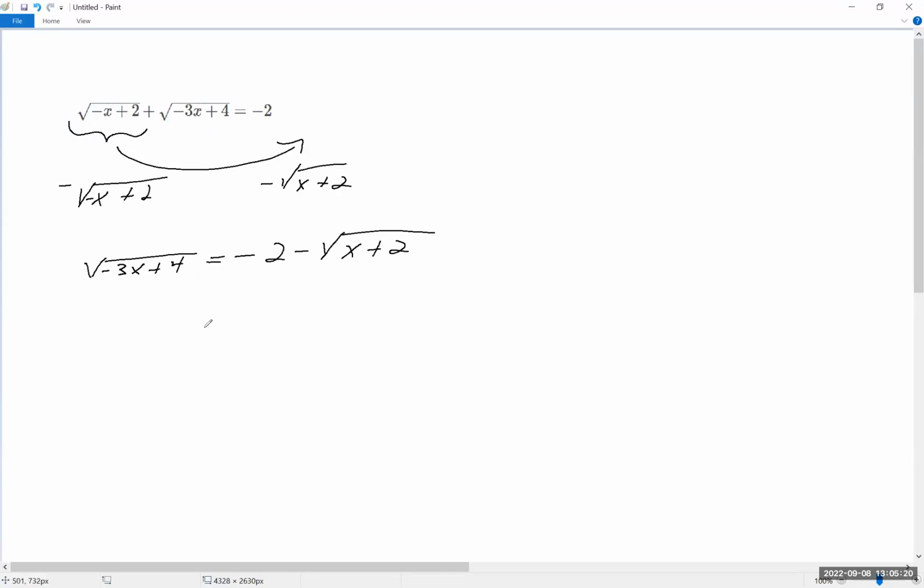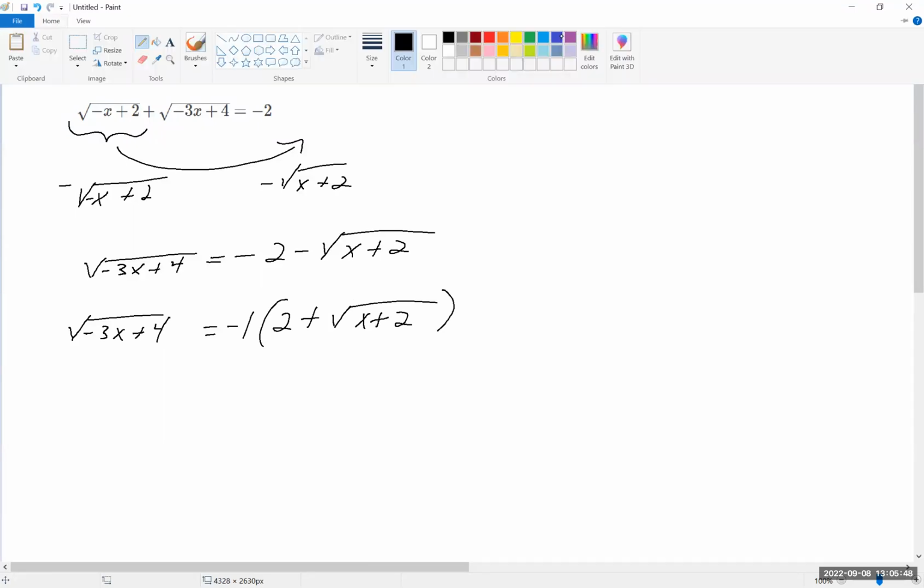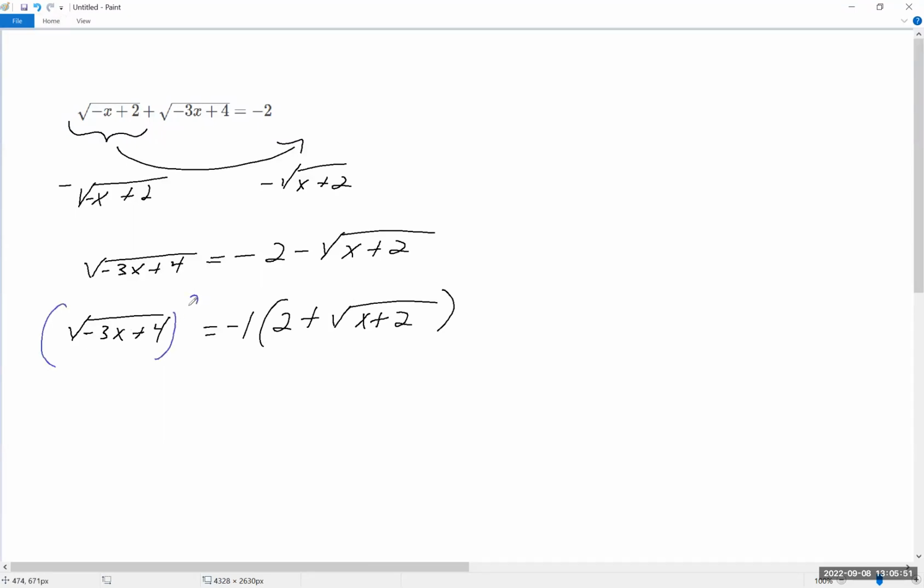And I'm already sensing that we better check our work in the end, because what I'm going to do here is I'm going to take out a -1. I didn't have to take it out, but the same thing happens. If I square this, squaring this negative is going to very likely throw things off.